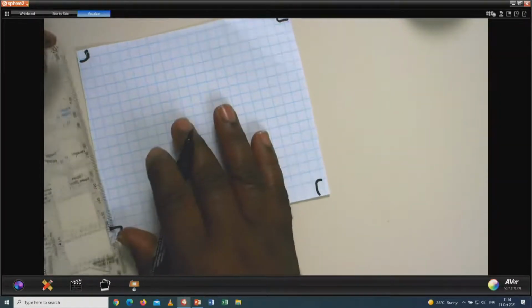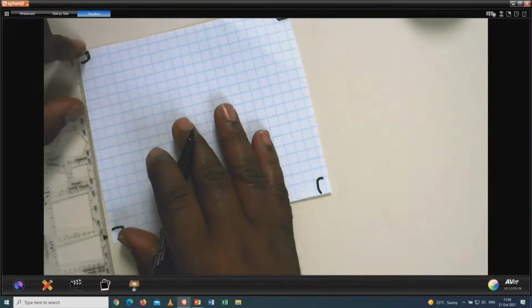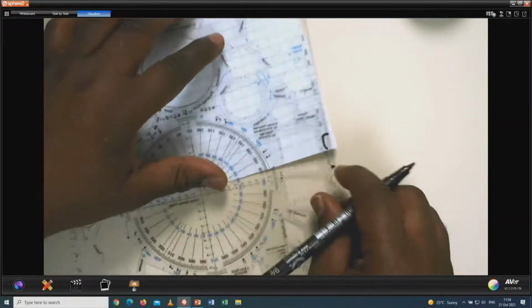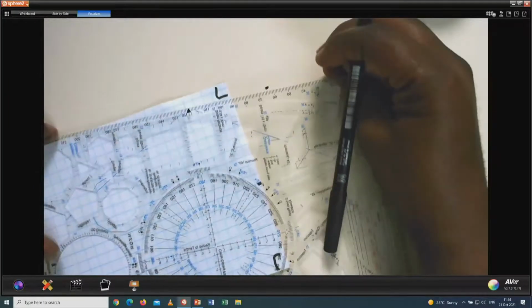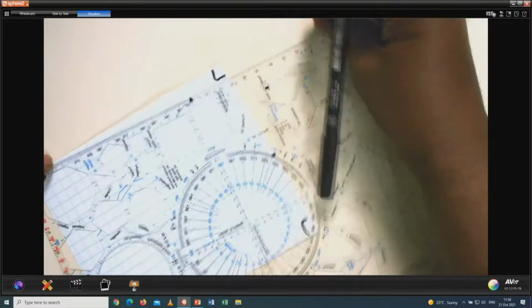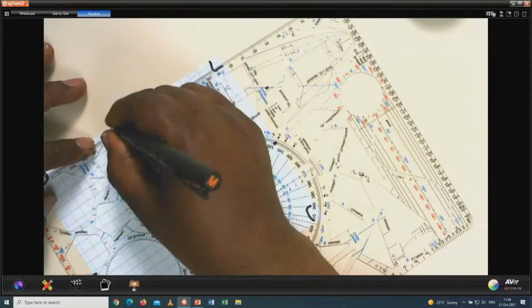And when we measure this side, it equals that side. When we measure that side, it equals that one. When we measure that side, it equals that one. And when we measure this side, it equals this one.